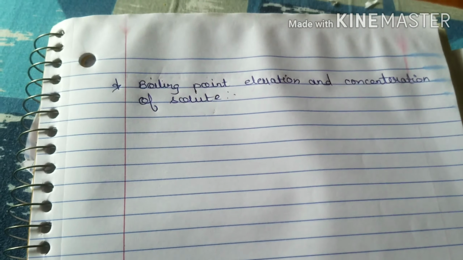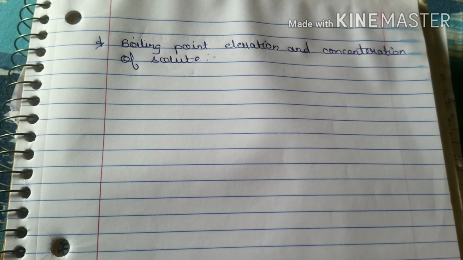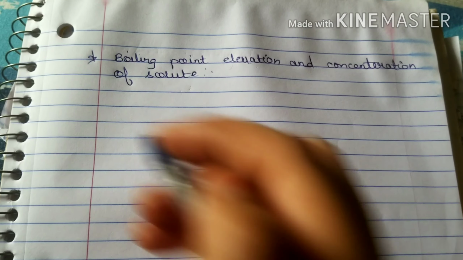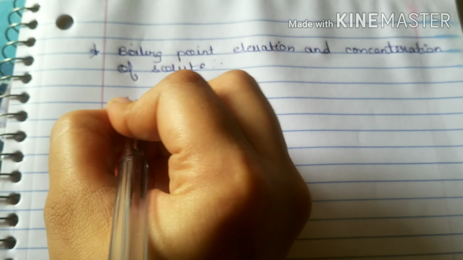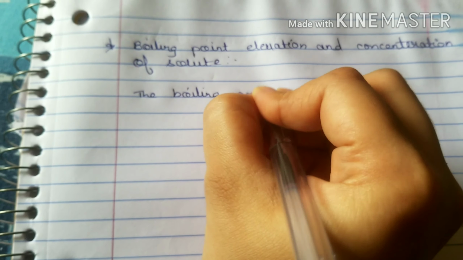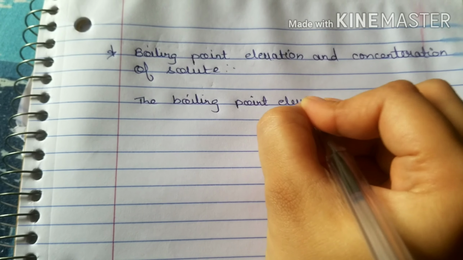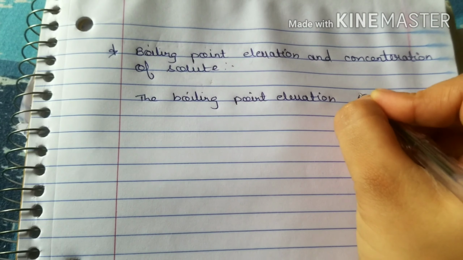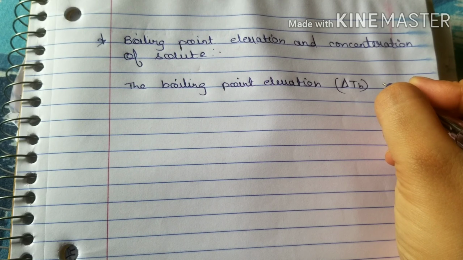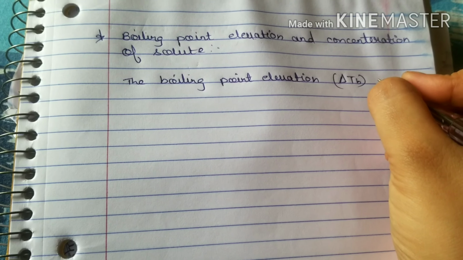Okay, now you know how the boiling point elevation is represented. It is represented by delta TB. Okay, so the boiling point elevation, that is delta TB, is found to be directly proportional to the molality of the solution.